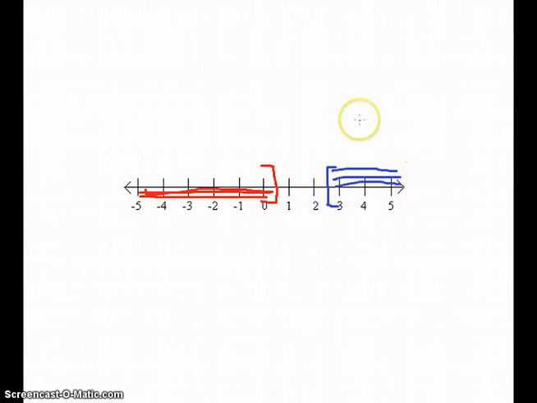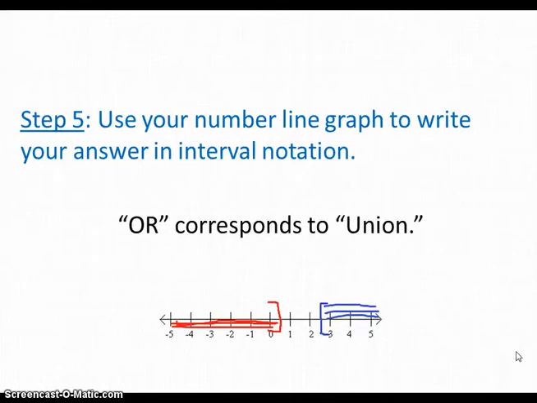So now we have to come up with an interval notation for this picture. At this point we have to remember that OR corresponds to union, so we're going to want the union of these two intervals. Again, AND corresponds to intersection, but in this case we have OR between our two inequalities, so we want the union of these two intervals.